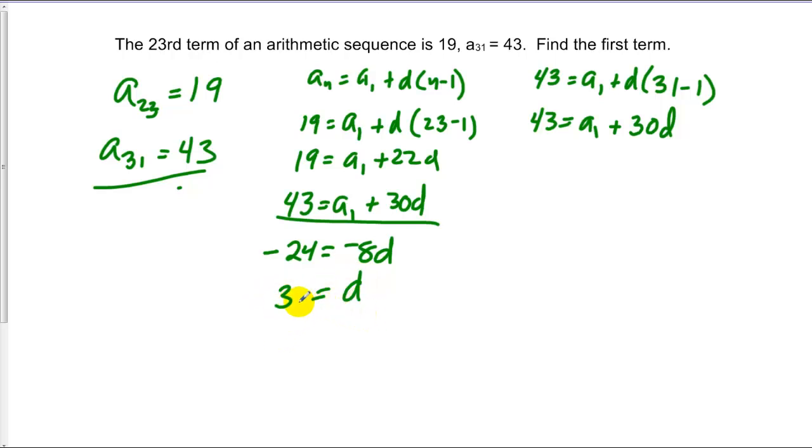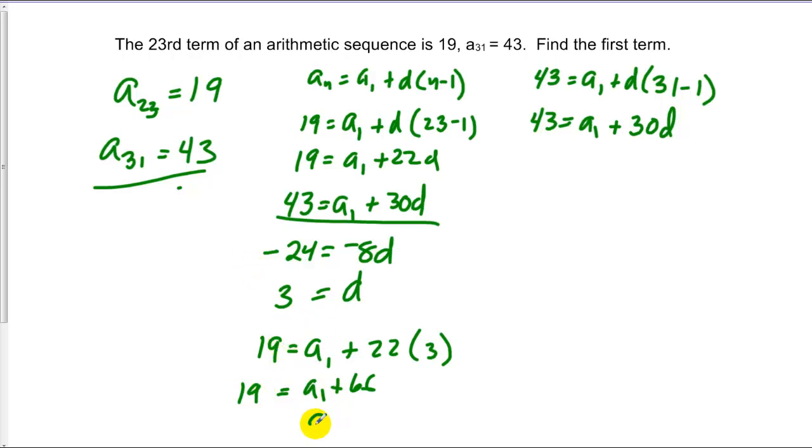Once I have a difference of 3, I can find my first term. And I can plug that into either of the two equations that I've already used. So I have 19 equals my first term plus 22 times 3. This gets me my first term plus 66 equals 19. And I end up with my first term equaling negative 47.